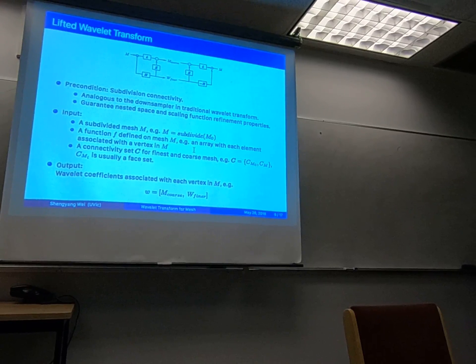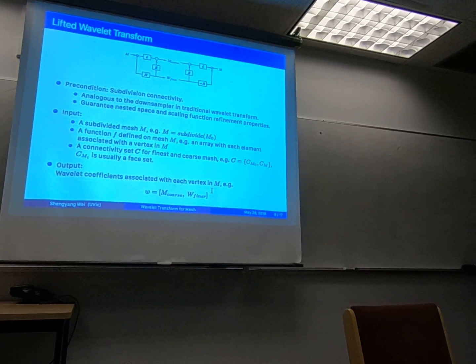The output of the forward wavelet transform is a scalar value associated with each vertex in the input mesh M. Or not a scalar value, just the same dimension as the input: the approximation and some details.